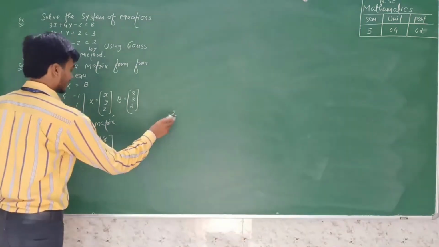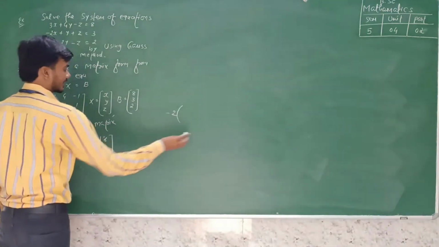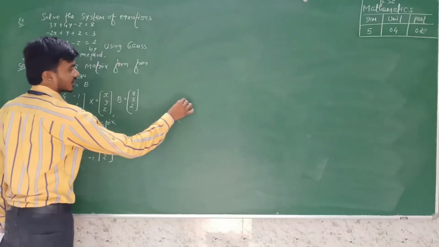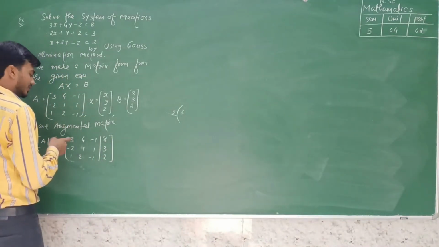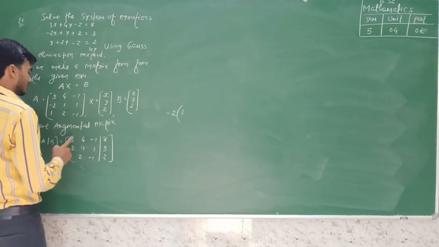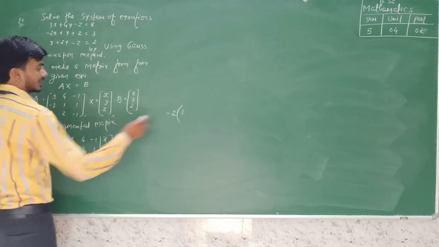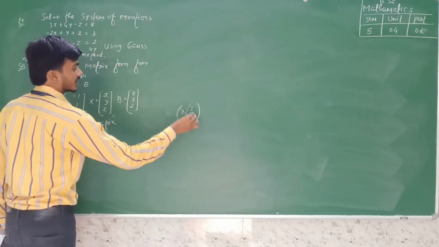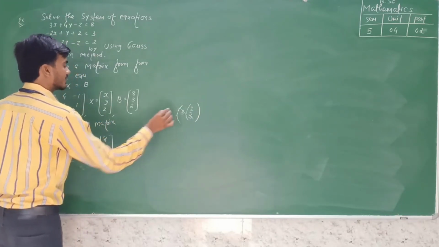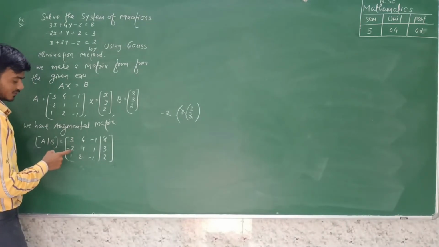So here minus 2 is there, and plus 2 by 3 into 2 by 3. Each and every element of this row is multiplied by 2 by 3. So 3 cancels, and plus 2 will be added to the first element of the second row.